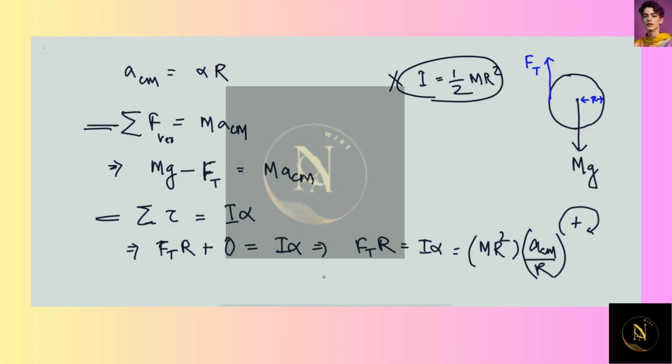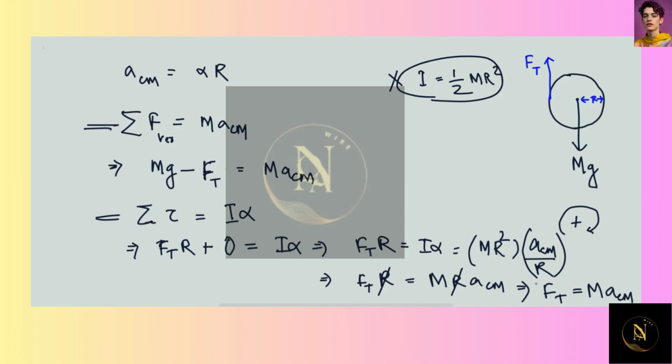Now we simplify this equation a little bit, so we get Ft R equal to mass times R times the acceleration of the center of mass. The radius on each side cancels out, so we get Ft equal to mass times acceleration of the center of mass.